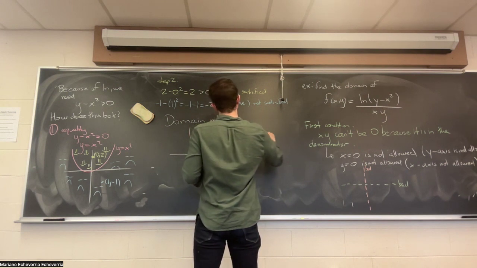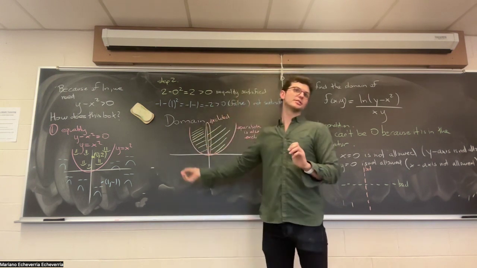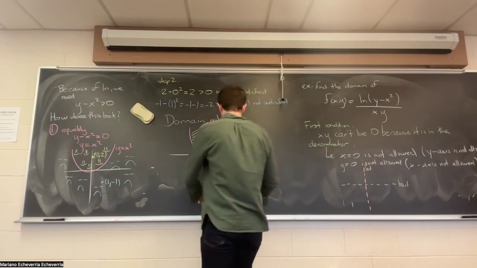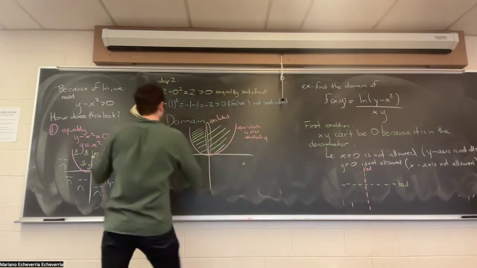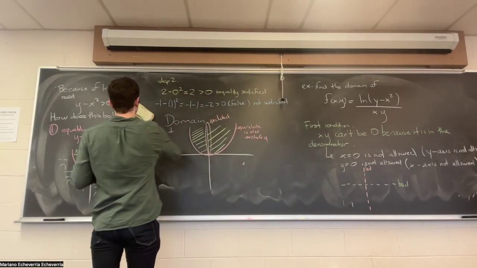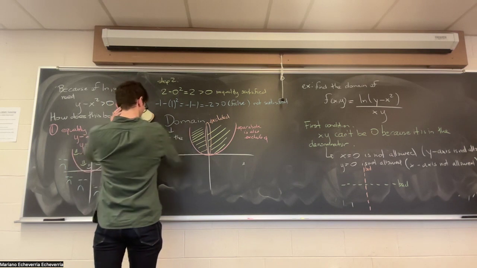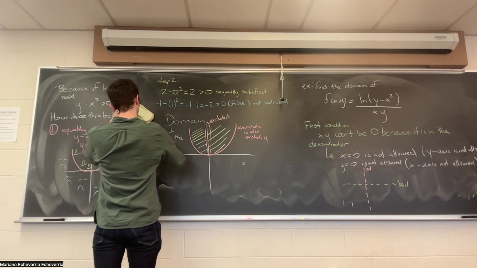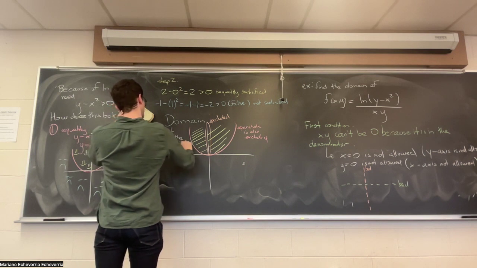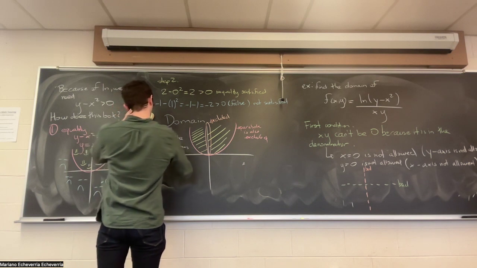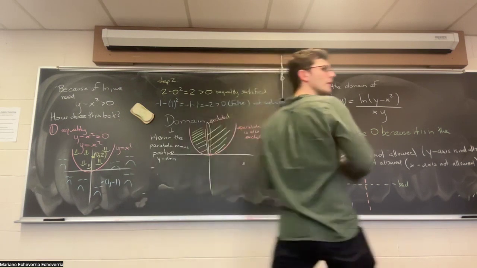So the domain is just the inside of the parabola minus this part of the positive y-axis. It's also called the interior of the parabola minus the positive y-axis. Is that making sense?